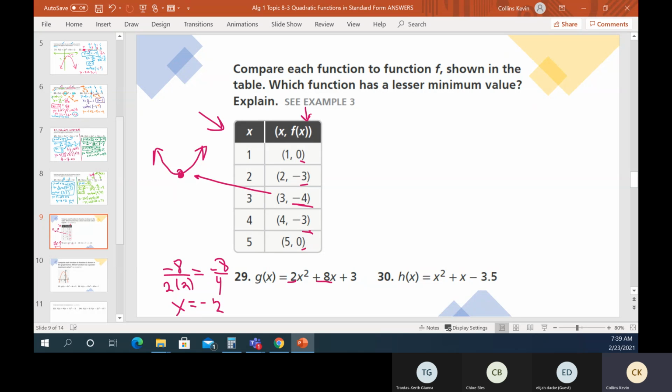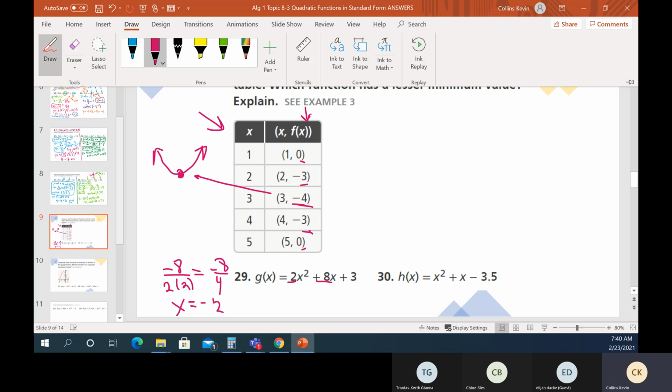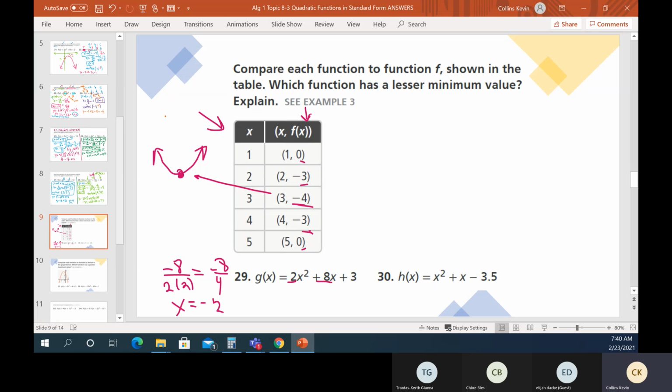Okay? So now what we're going to do is we're going to throw -2 in every place we see x. So we'll put a -2 right there and a -2 right there. That's a nice looking arrow. I like that one. All right, so then we're going to have 2 times -2 squared. And then we're going to have plus 8 times -2, so that's going to be -16, right?